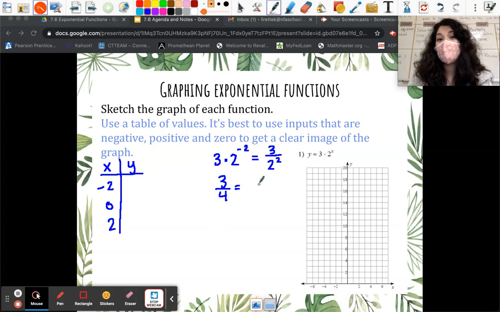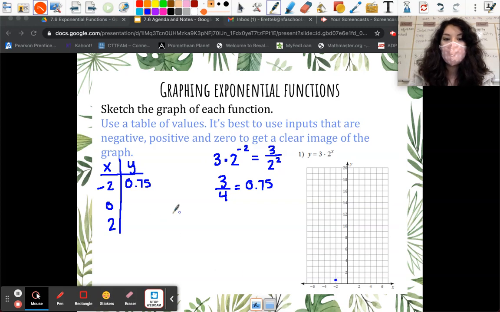And again, I can actually maybe make this a decimal if I need to get a clearer image of where it's going to sit on my graph. This one works out nicely. This would be 0.75, so it's a little bit less than 1. So if I plot that, I'm going to go left 2 times and then almost up to where that 1 would be.